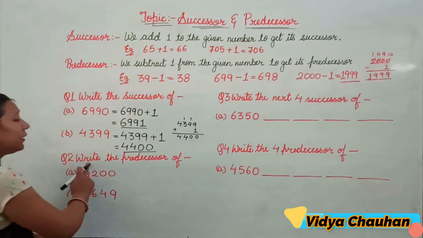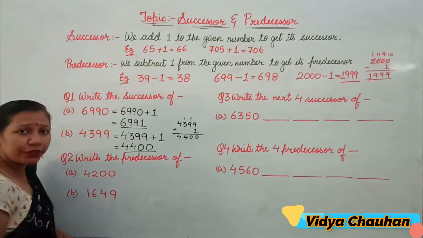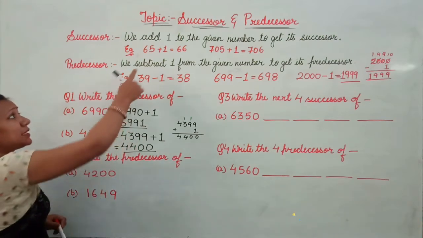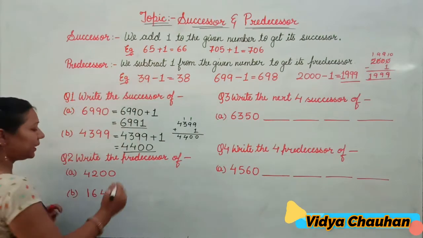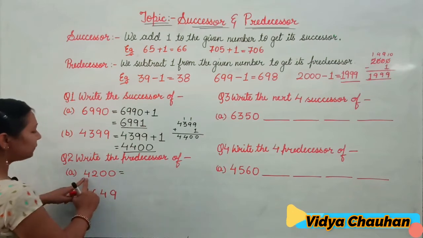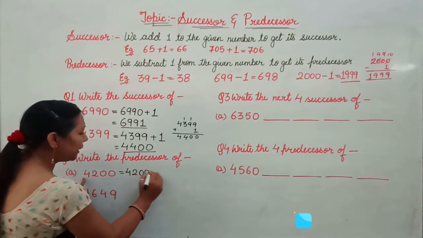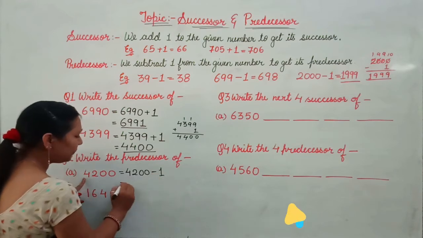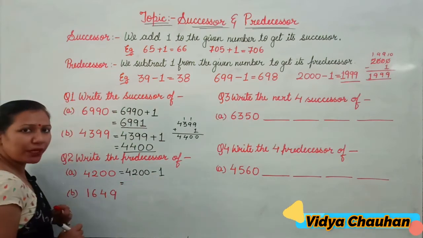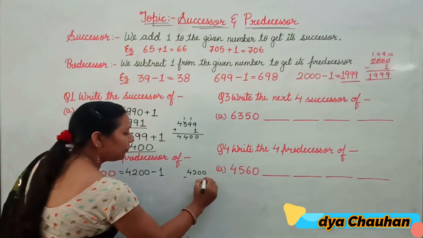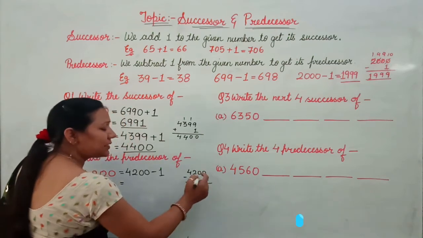Second question, write the predecessor of the given number. Now it is predecessor. Predecessor means subtract 1 from the number. So here the first number is 4200. So 4200 minus 1. When you subtract 1 from it, what will you get? Kindly do the subtraction in your rough portion if you have any difficulty in subtracting.